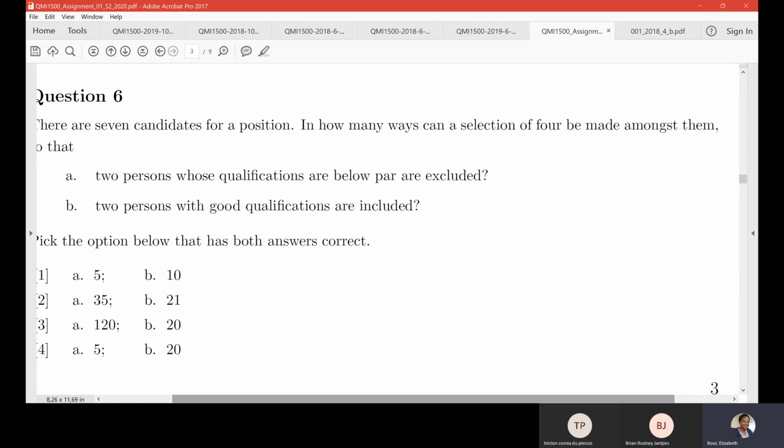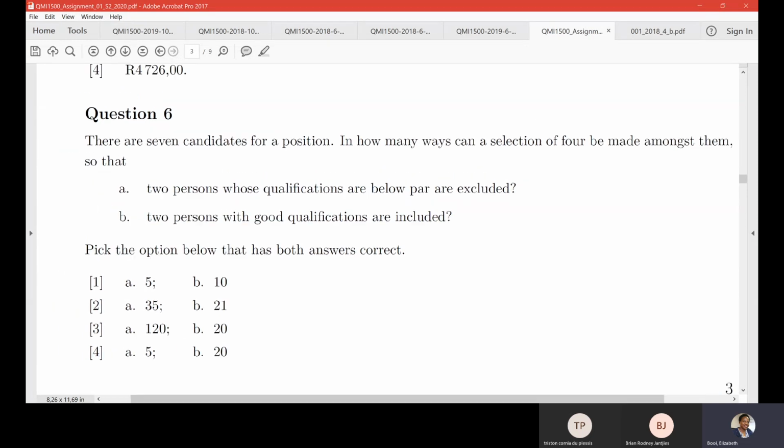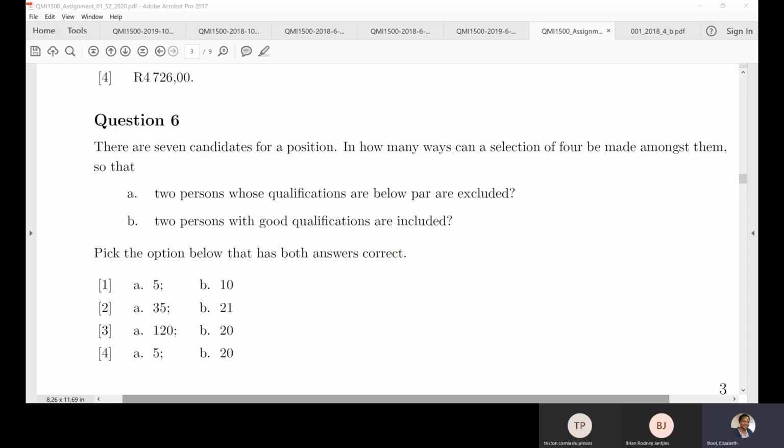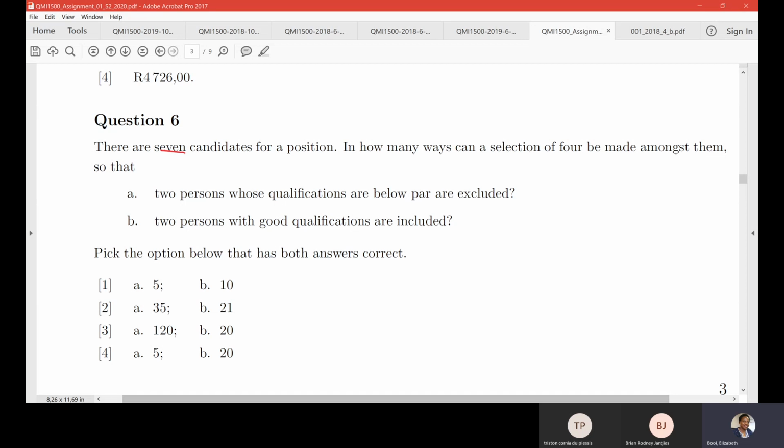Yes, so the other question says there are 7 candidates for the position. In how many ways can a selection of 4 be made amongst them? So we know that there are 7. How many of 4 can be made? But here is the other thing that they also do on you.